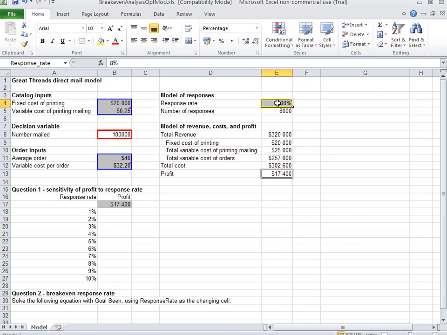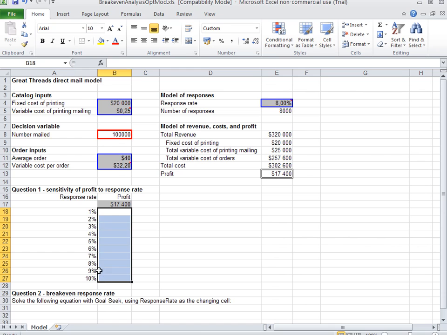So all these percentages will be put into that cell, and every time it will take the profit that we've gained and write it out in here. So it's kind of a scenario analyzer. So it writes in different response rates, and it records what's going to be the profit.